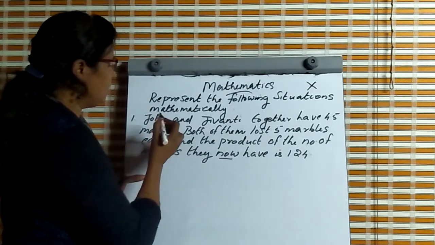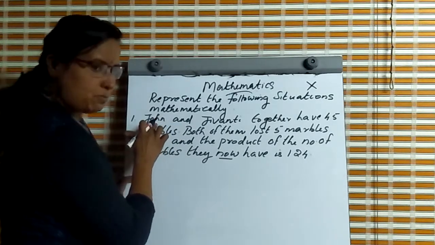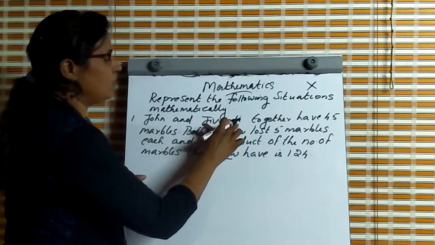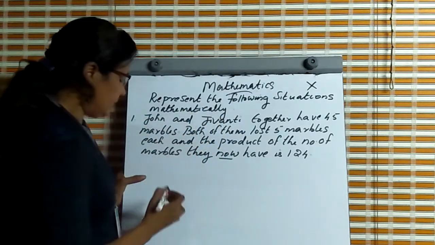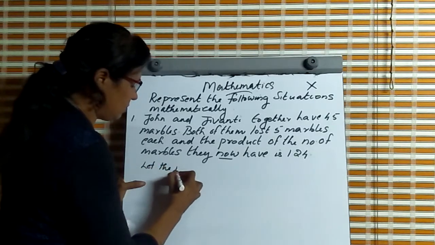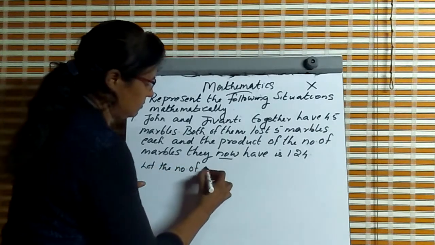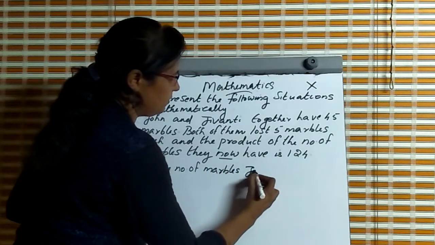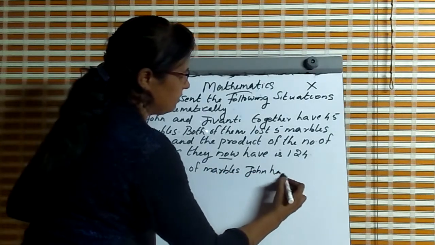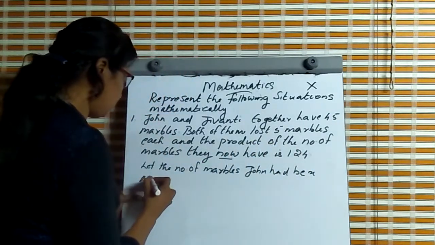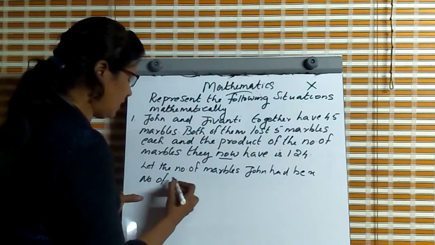That means we assume the number of marbles John had is x, and what is the number of marbles Jivanti had?